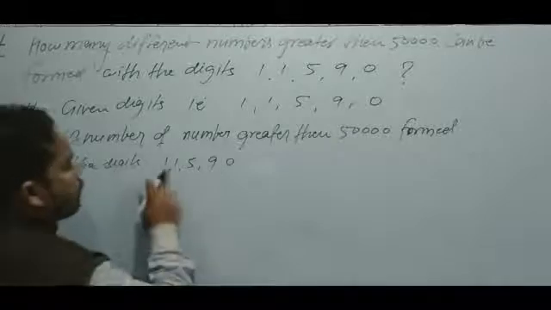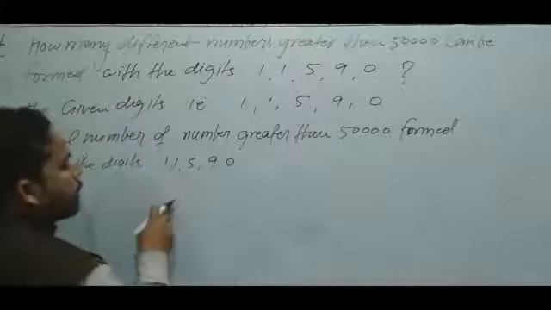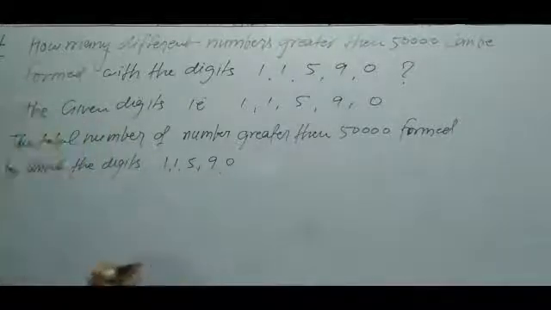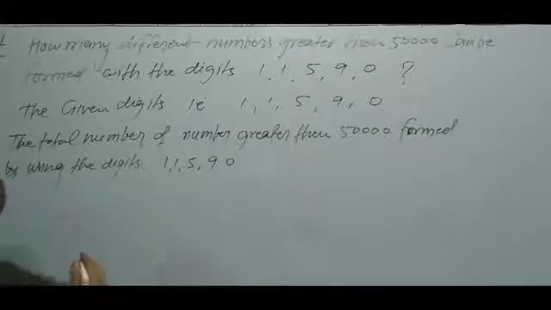You have a given digit 11590. So 10,000 place we can fill only 5 and only 9. So we can write number of digits, or numbers start with 5 digit numbers start with 5 and 5 digit numbers start with 9.